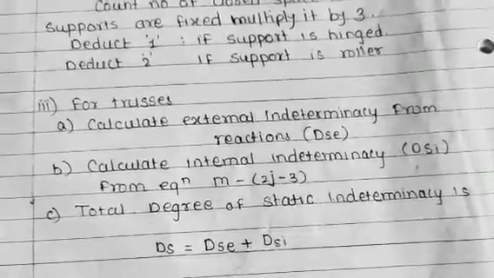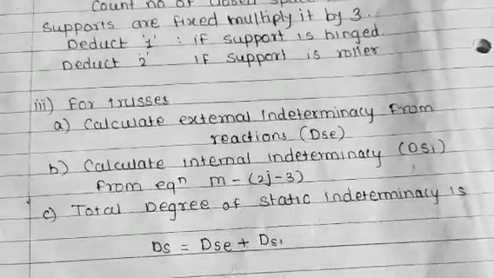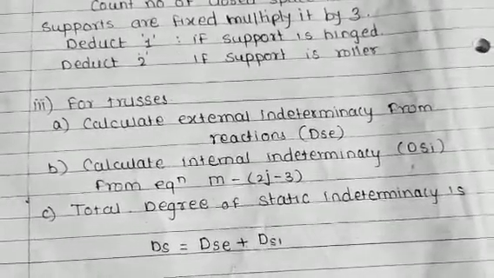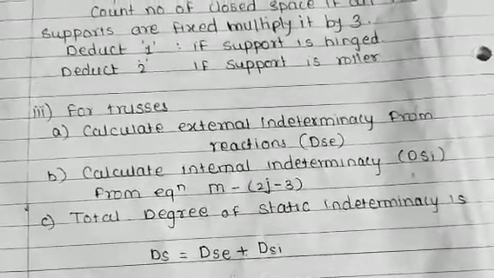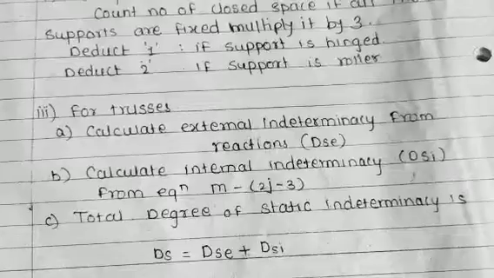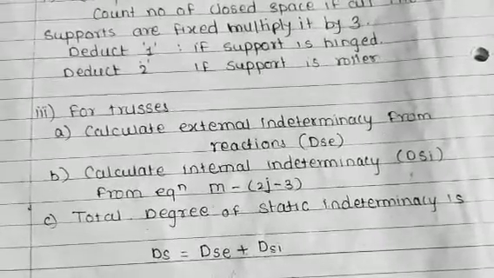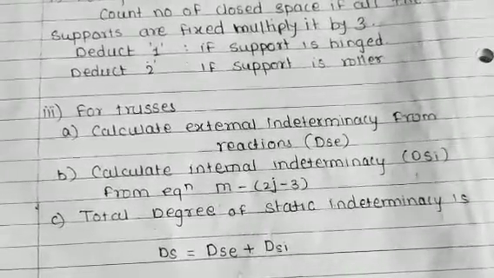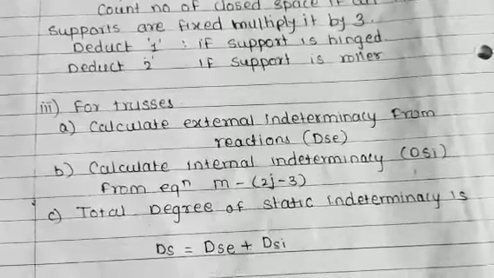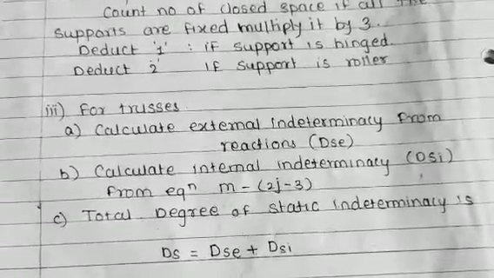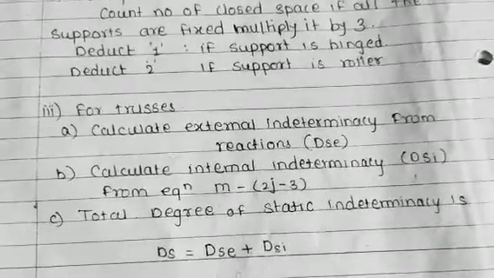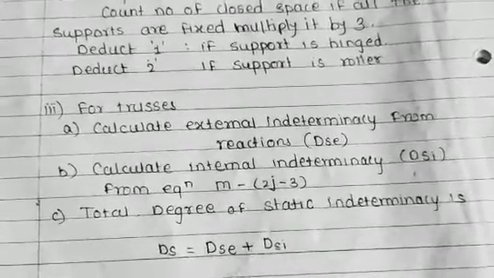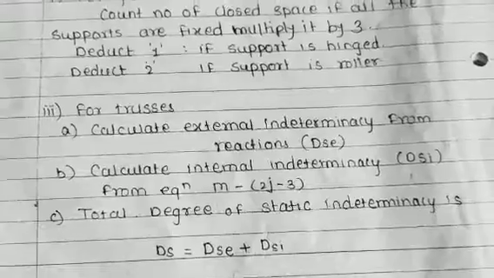Then second, you have to find the internal indeterminacy, related to the internal forces. For that, we use the equation: indeterminacy is equal to M minus 2j minus 3, where M is the number of members and j is the number of joints for that particular truss.